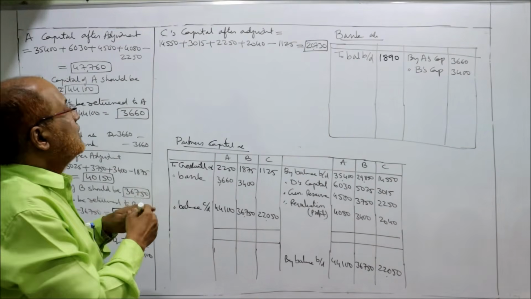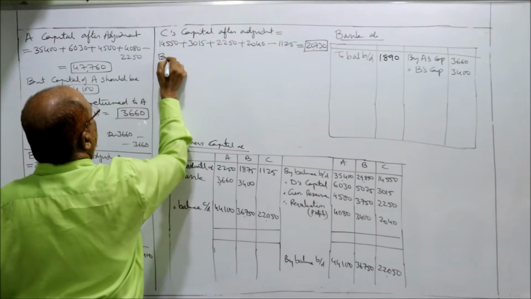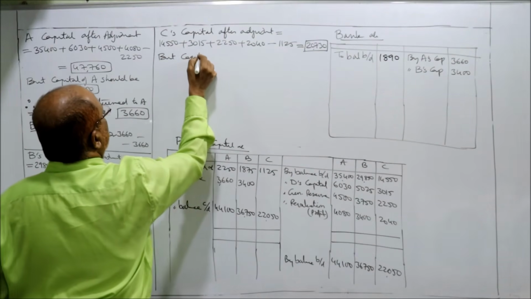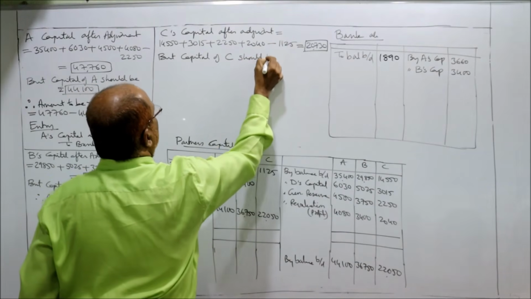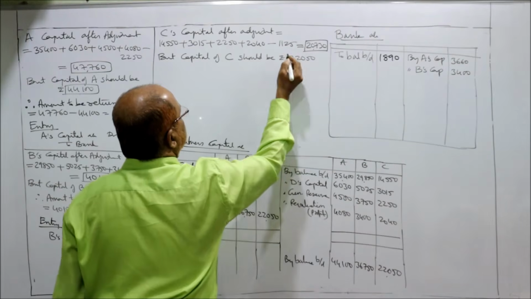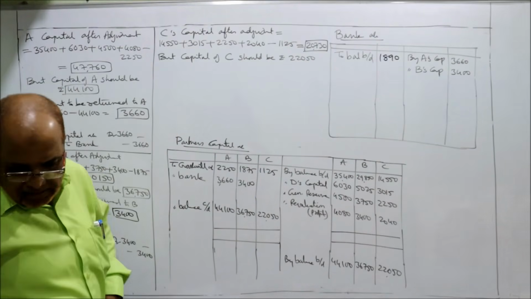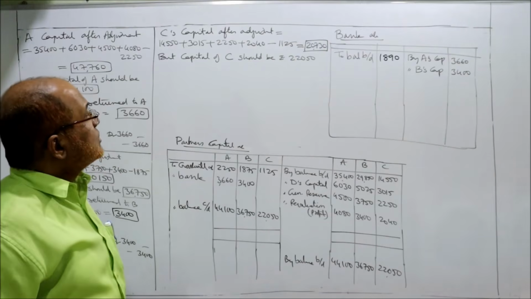How much capital should C have? But the capital of C should be rupees 22,050.